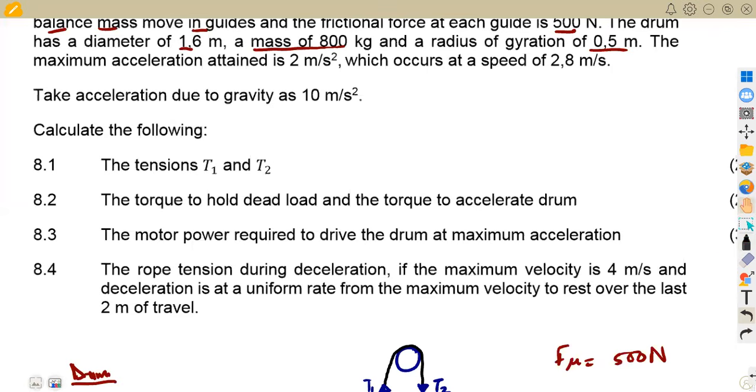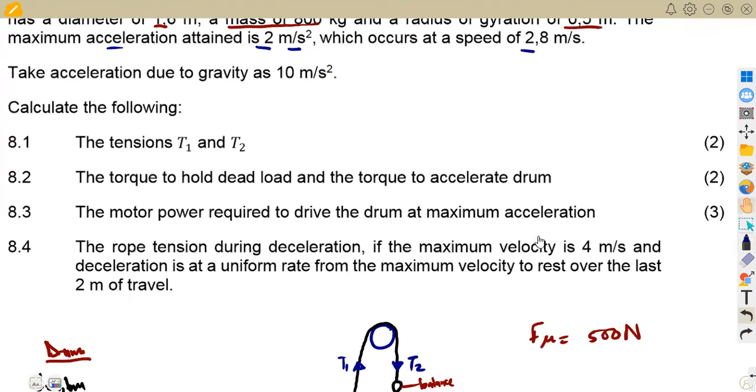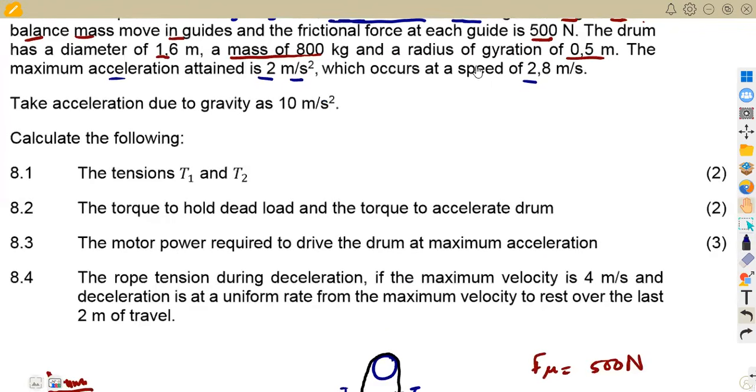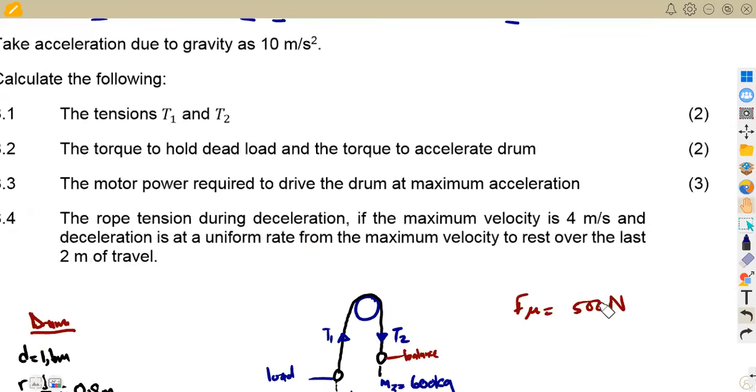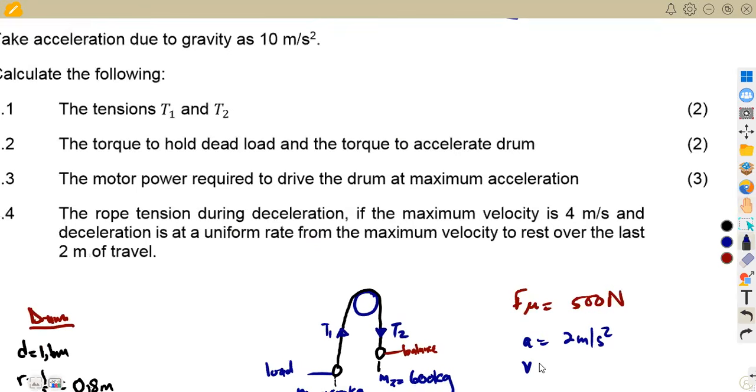We also have the maximum acceleration attained, which is 0.2 meters per square second, while the speed, that is the velocity, is 2.8 meters per second.